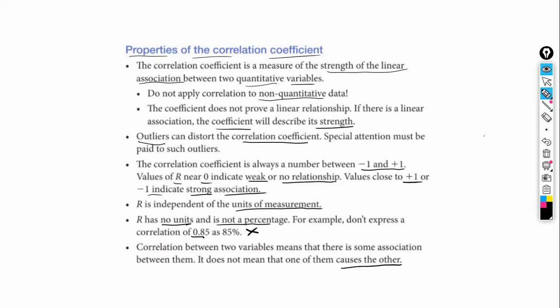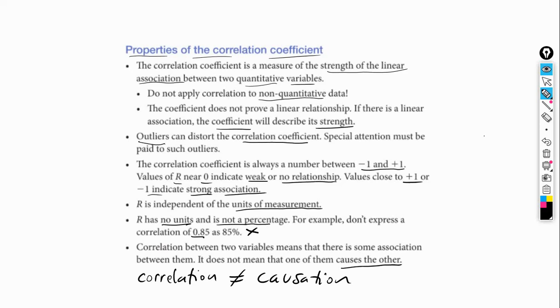And this is a very important point, because correlation does not mean causation. What would be a good example? Well, for instance, let's suppose we go to a beach and we measure the consumption of ice cream, but we also compare that to shark attacks.